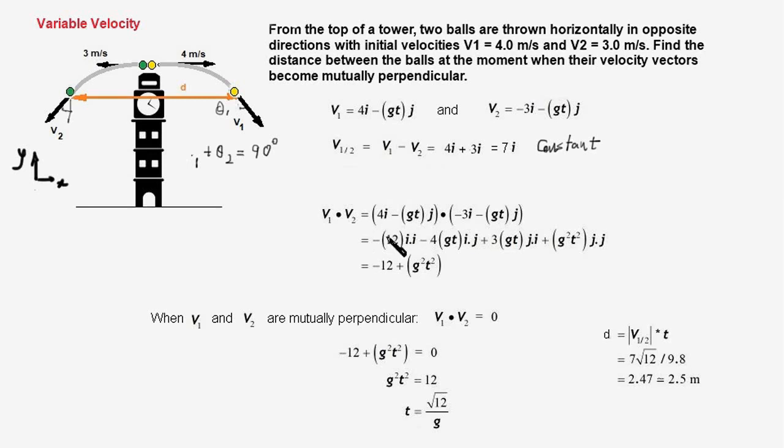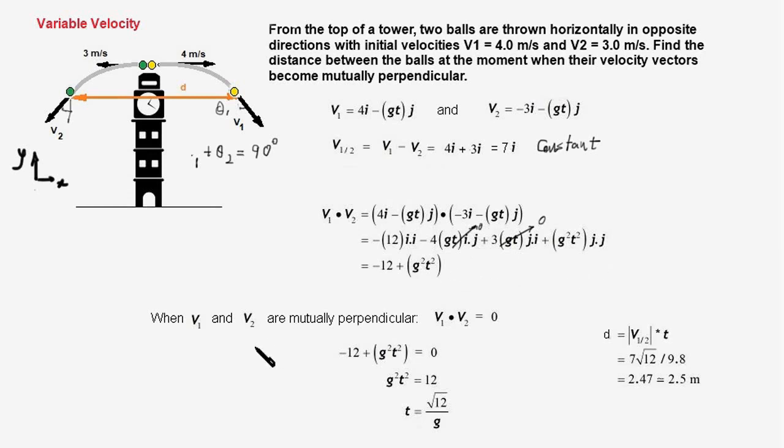We multiply each of the terms, and we know that i dot i is 1 and i dot j is 0. So these two terms would become 0, and we would be left with minus 12 plus g square t square.